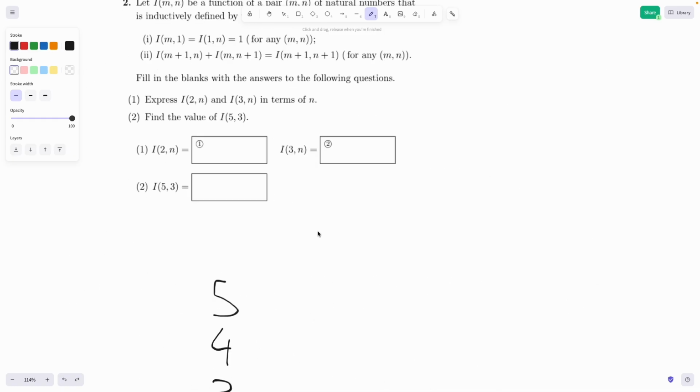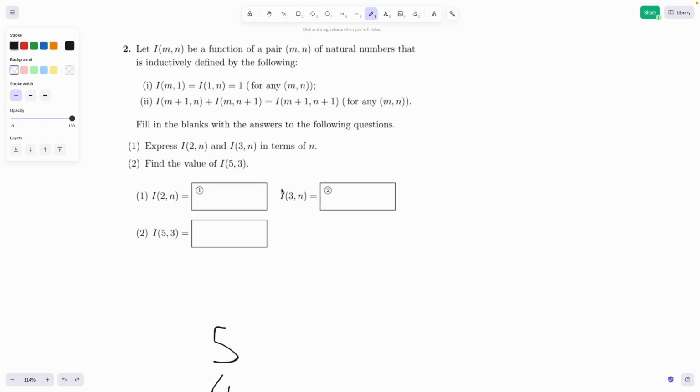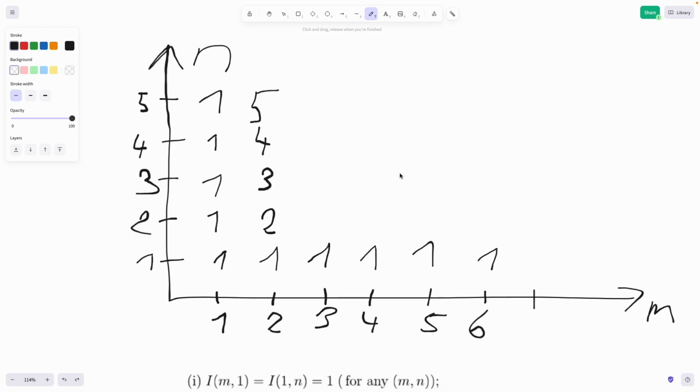To find a solution to question 2, which is similar, but is now asking to express I at 3n instead of 2n, we're going to have to fill out our matrix. And we're going to do this the same way. So we're always just going to start at some index where we have a value to the right, and we're just going to add these values up and place the result diagonally.